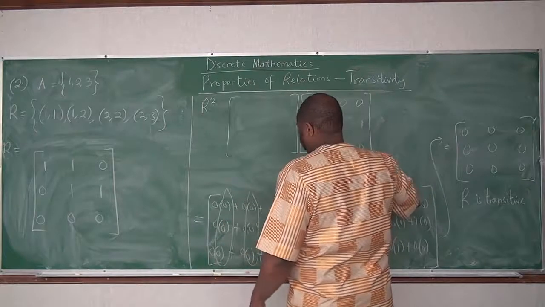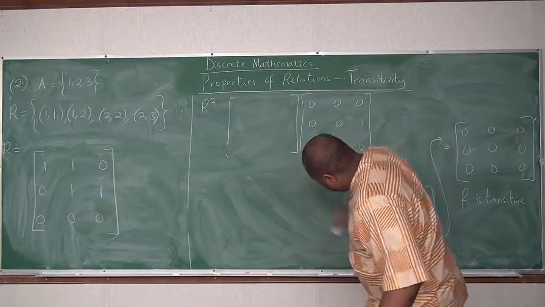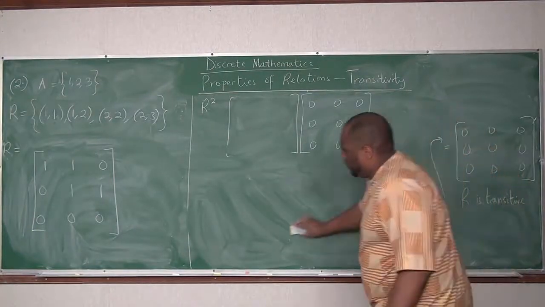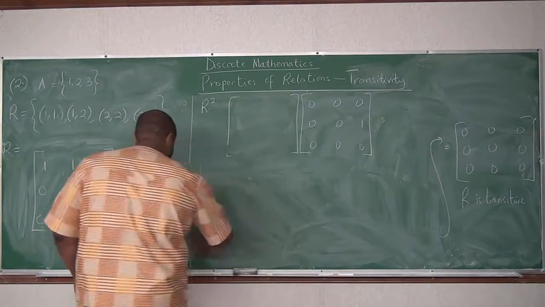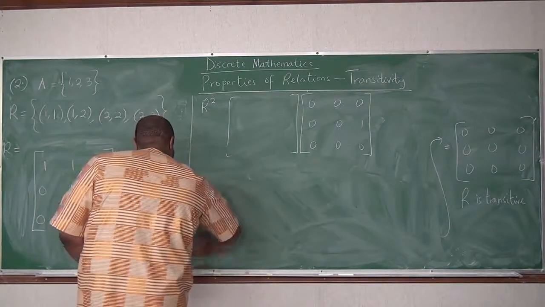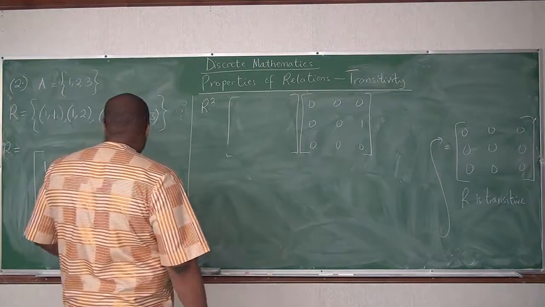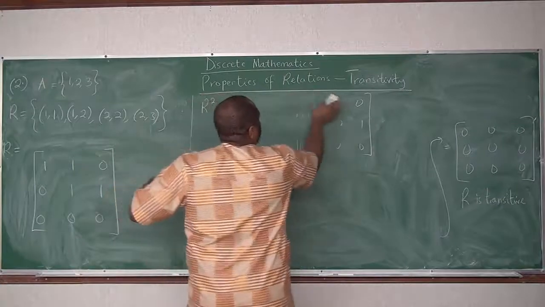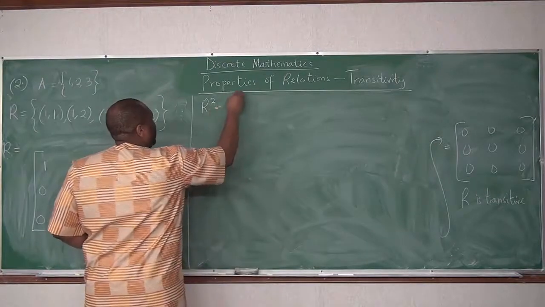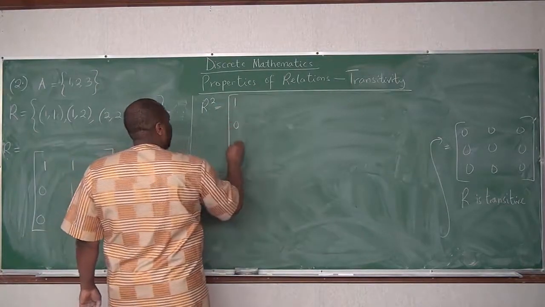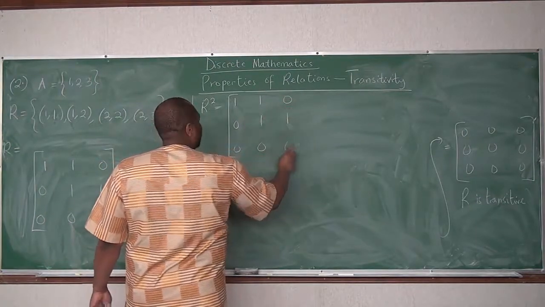Of course, they are conformable. Our relation squared will be, we have 1, 0, 0; 1, 1, 0; 0, 1, 0.